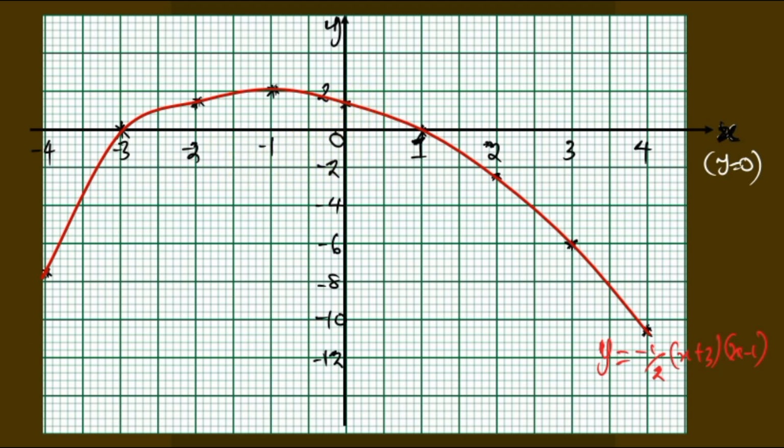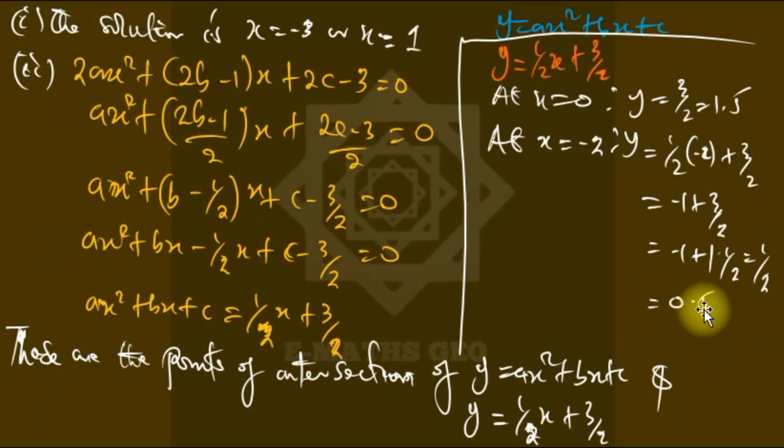Okay. So let's now draw the line. So I've located the first point, which is what? At x equal to 0, y equal to 1.5. So this is my first point. I'm about to draw the line. And the other, when x equals minus 2, y is 0.5.